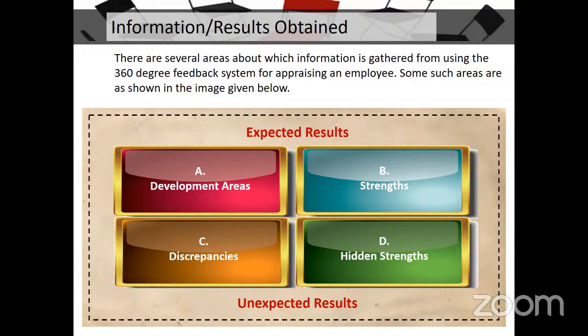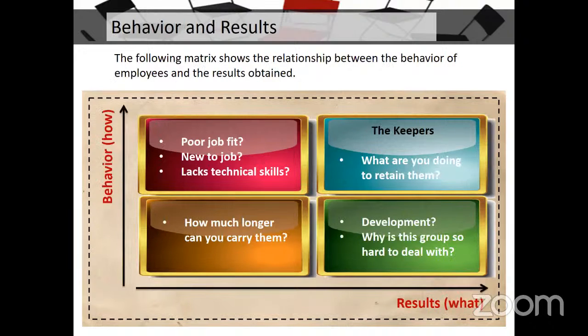Also, we want to look at the behaviors and their results, and the following matrix can help us in terms of the behavior. We are looking at the job fit, new to job, the technical skills. What are they doing to retain them? You can see we have a chart, so you're able to map your people.